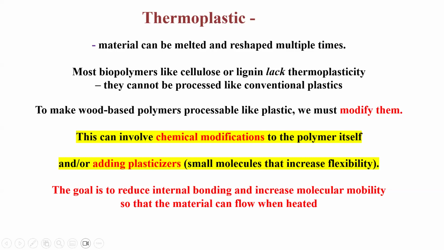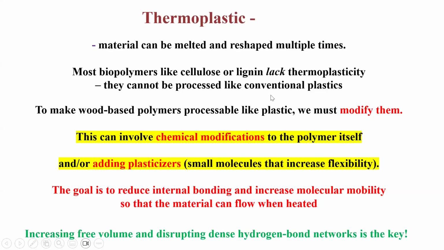The goal with both these methods is to reduce internal bonding among the molecules, and this will then increase molecular mobility so that the material can flow when heated. Can you imagine heating wood and it starts to flow? But okay, increasing the free volume and disrupting dense hydrogen bond networks is really the key in this work.